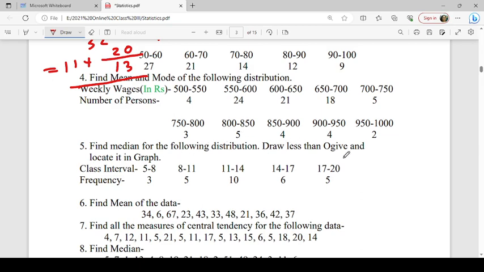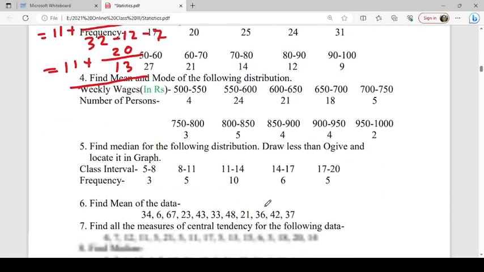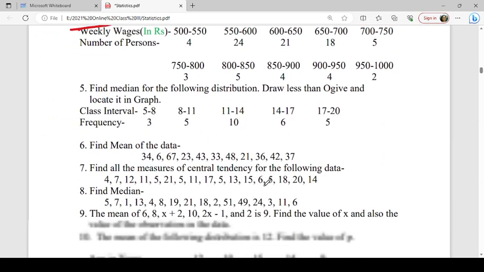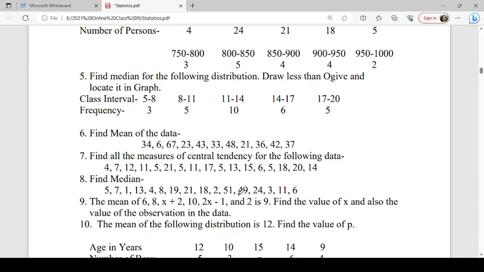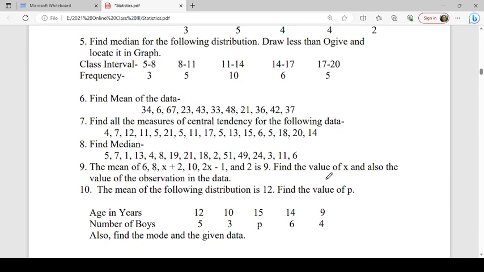Find mean, median and mode for the following distribution. All the same procedure because the data is the same. Here are the class intervals and frequencies, and these are also ungrouped data. Ungrouped data we'll discuss later.